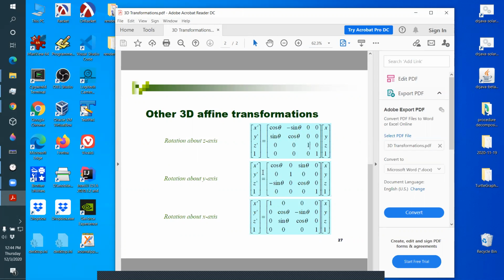Then rotation around the y-axis, there's those four numbers again. And then there's the 1 on y, which says that the y-axis is staying put. And there's the 2D rotation of the xz plane. So you're doing a two-dimensional rotation perpendicular to the y-axis.